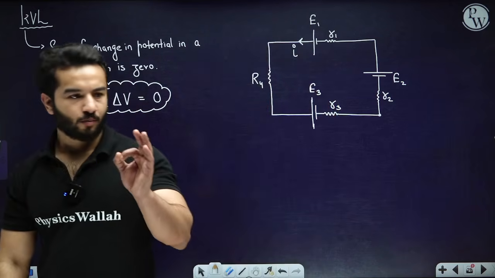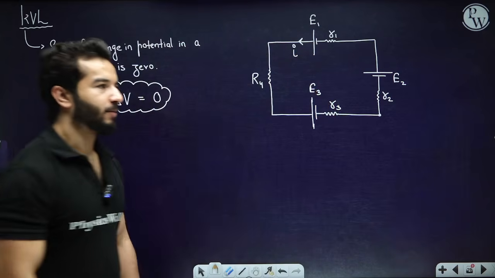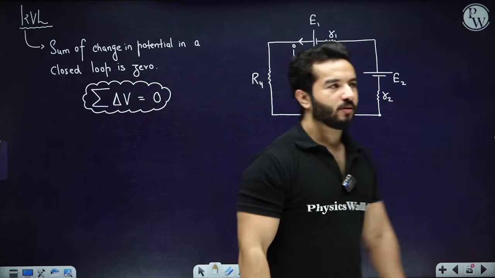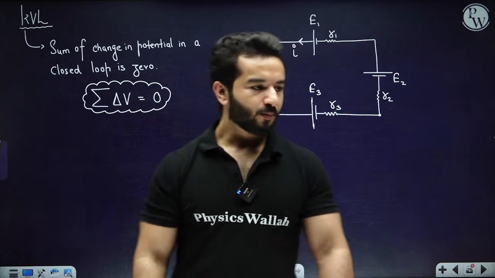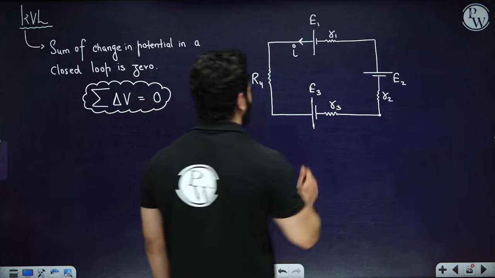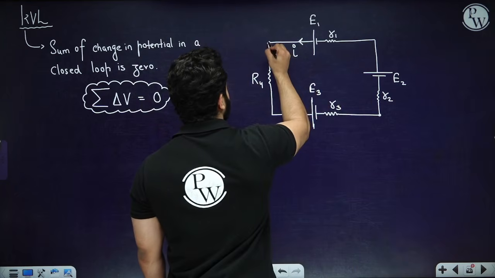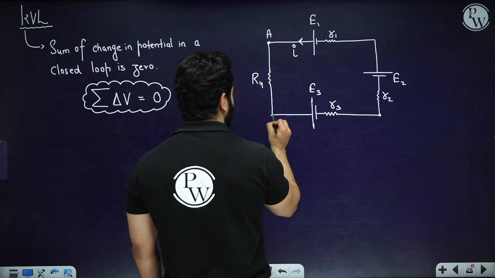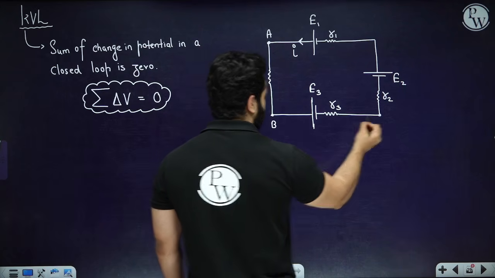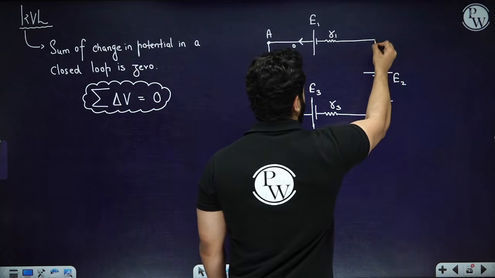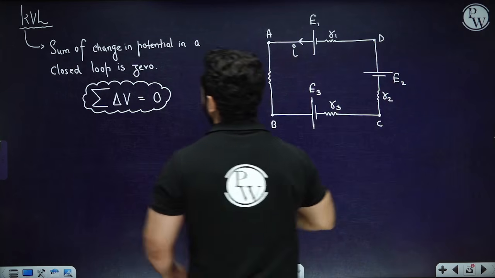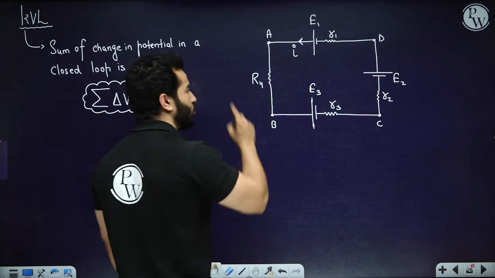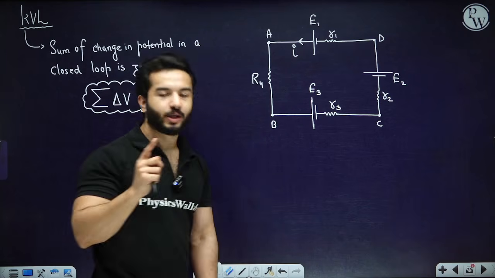I have just assumed a loop that I have just made, right? Nothing special about this loop. Let me also name some points as A, B, C, and D. Now, according to this rule, if I'm going to assume a loop, first of all, you need to assume a loop.